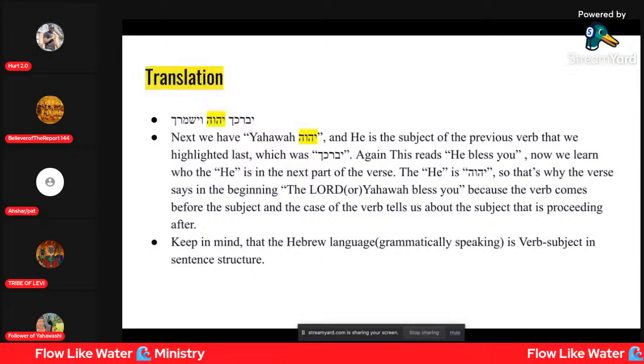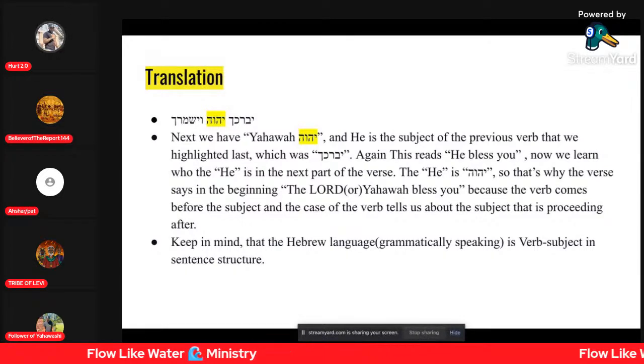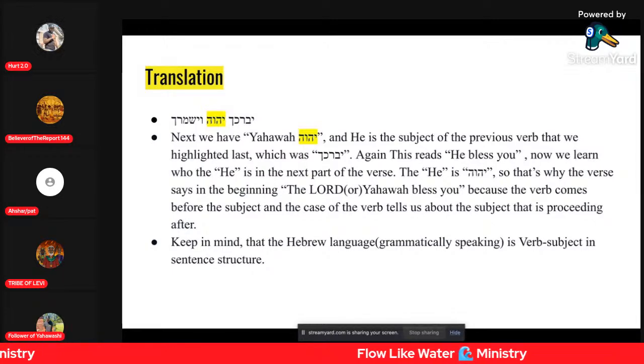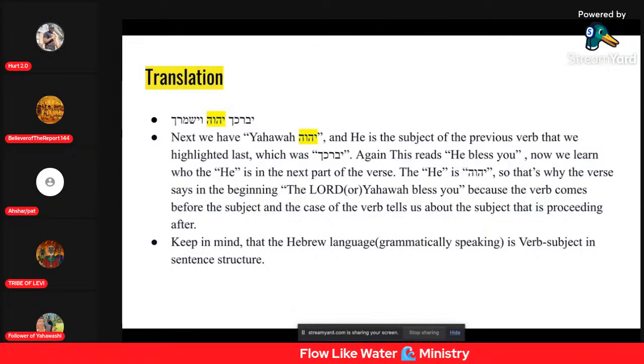That's why the verse says in the beginning, the Lord or Yahweh bless you, because the verb comes before the subject, and the case of the verb tells us about the subject that is proceeding after. Keep in mind that the Hebrew language, grammatically speaking, is verb subject in sentence structure.